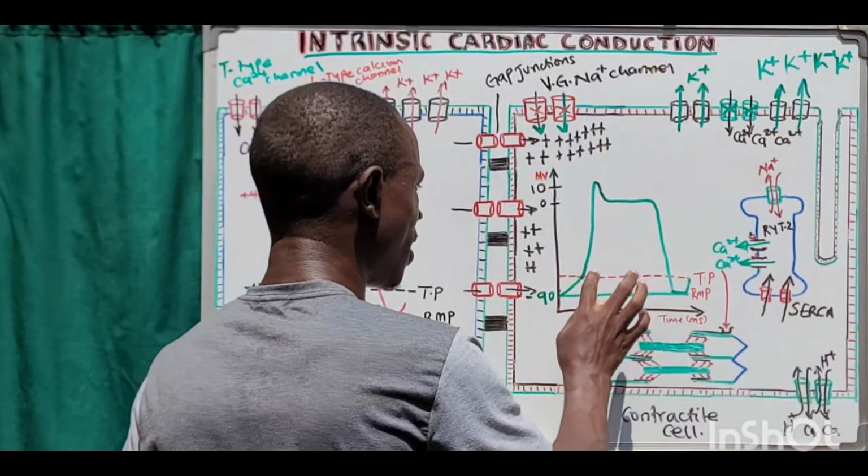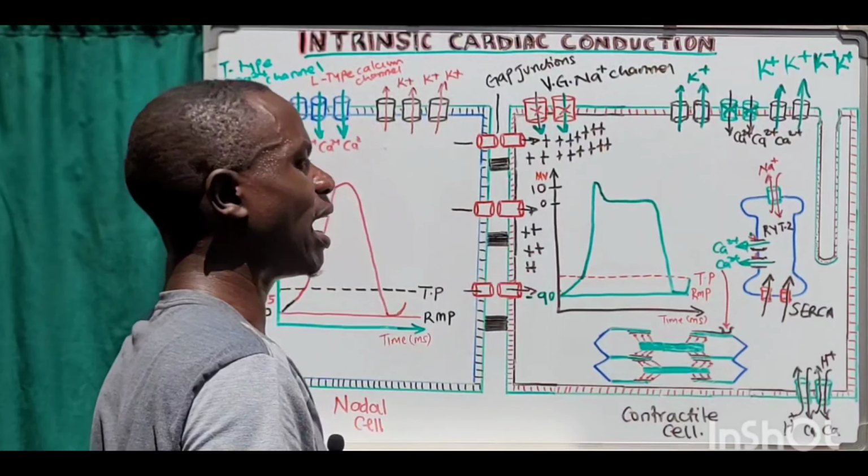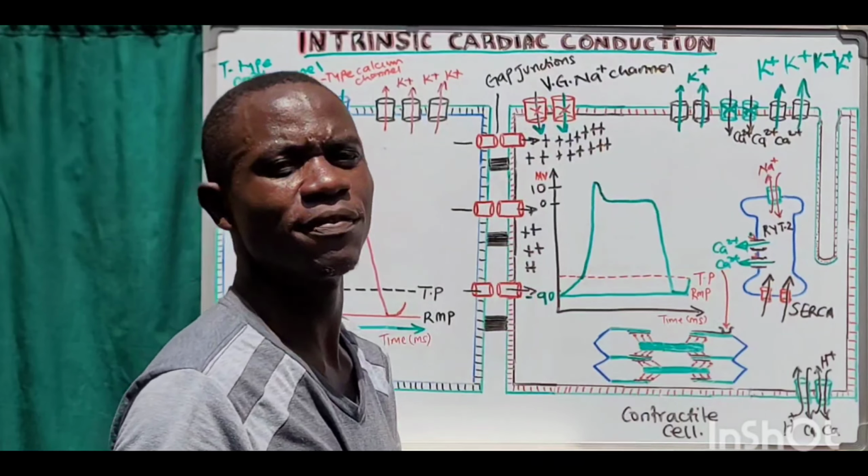So now this graph is going to be having different phases. This one here is what we call phase 0. And then this one here, where we had the potassium efflux, is what we call phase 1. And then this one here is phase 2, whereby we had the efflux of potassium with the influx of calcium, making no change in membrane potential.